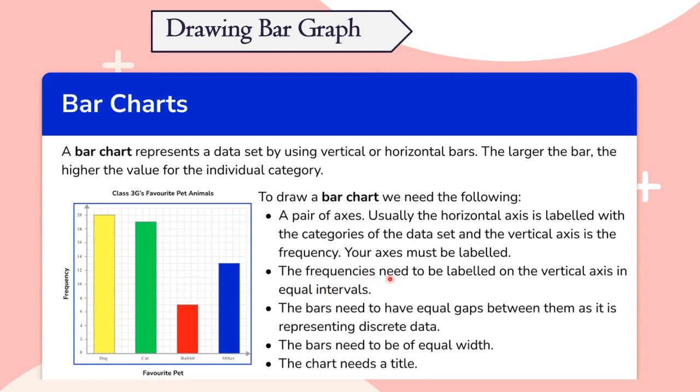The frequencies need to be labeled on the vertical axis in equal intervals. You can see the intervals are the same. You can use your ruler. The centimeter measurement on your ruler, you can mark them. The point here is 0. That is the bottom. The next one was written as 2.